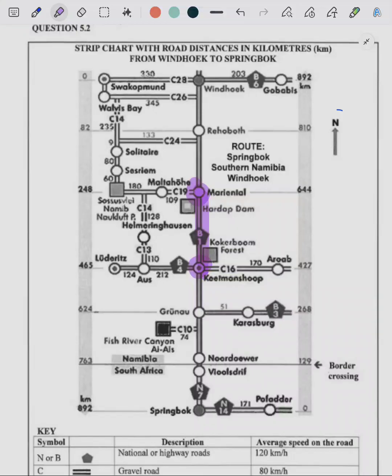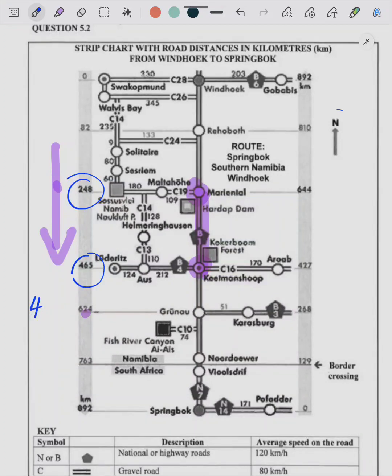We're going to see firstly which direction we are traveling in. Well, we're traveling from Mariental down to Keetmanshoop, which tells me I'm going to go on this side, right? Because if you look at the numbers, this side is going up in that direction. And then all we're going to do is find the difference between the two distances given.